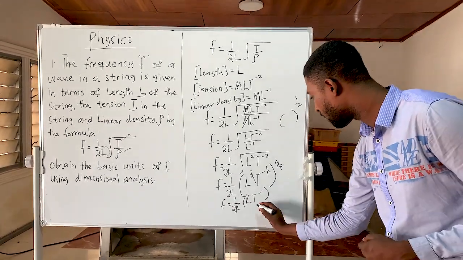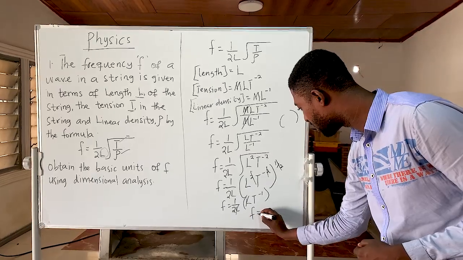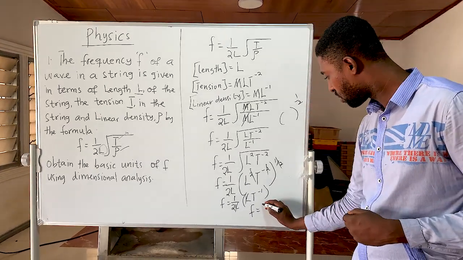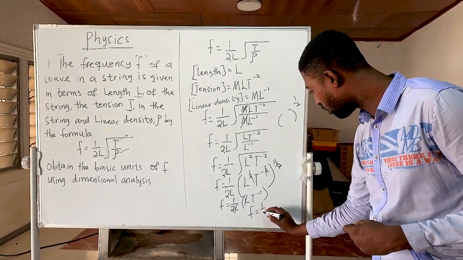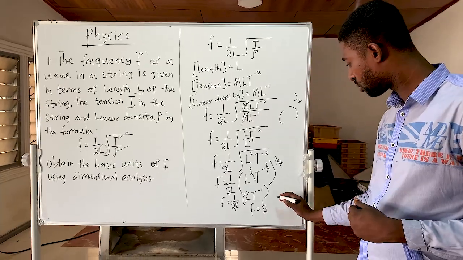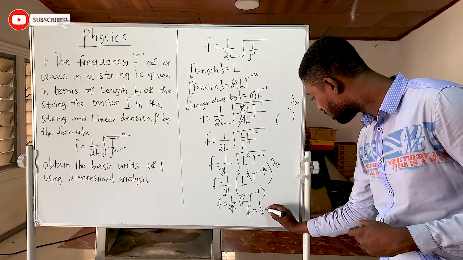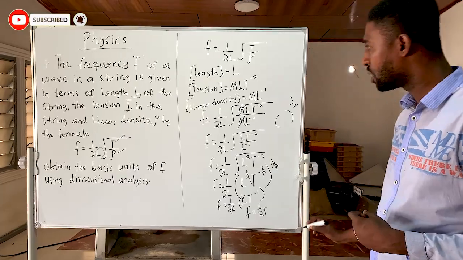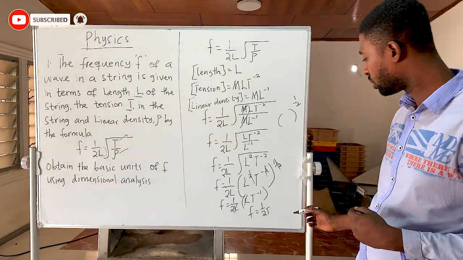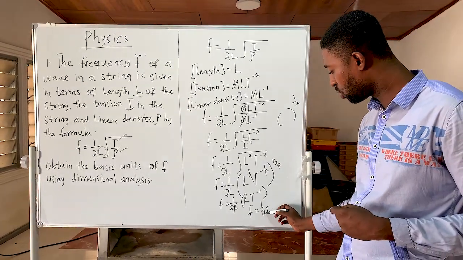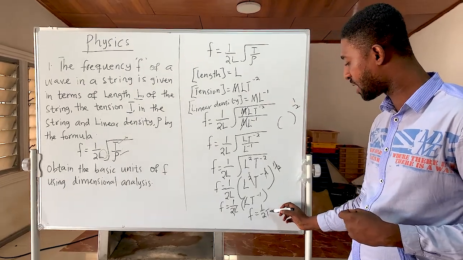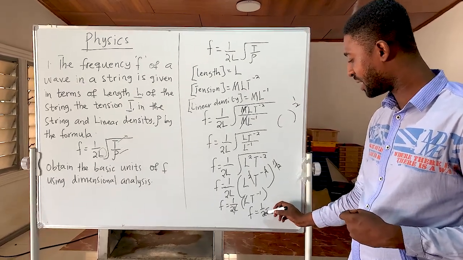We are going to have F, which is equal to 1 over 2T. Remember, in the question we're supposed to take the value of this 2 is just a figure which is dimensionally constant.